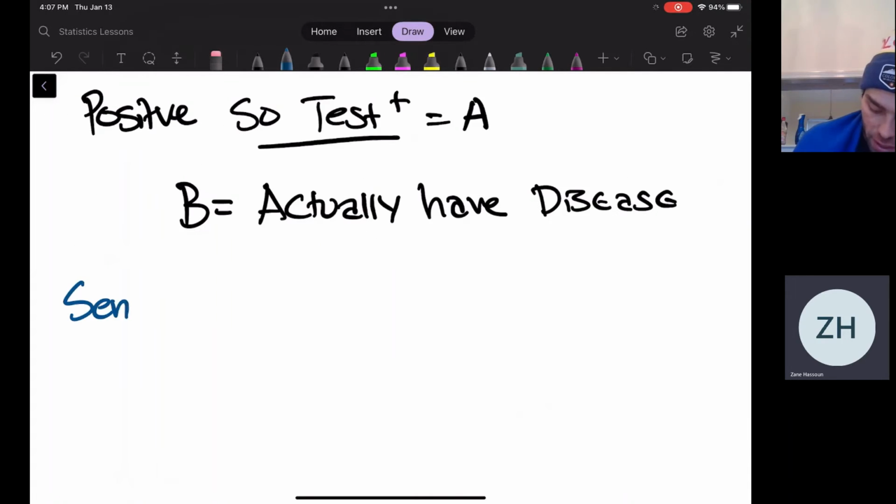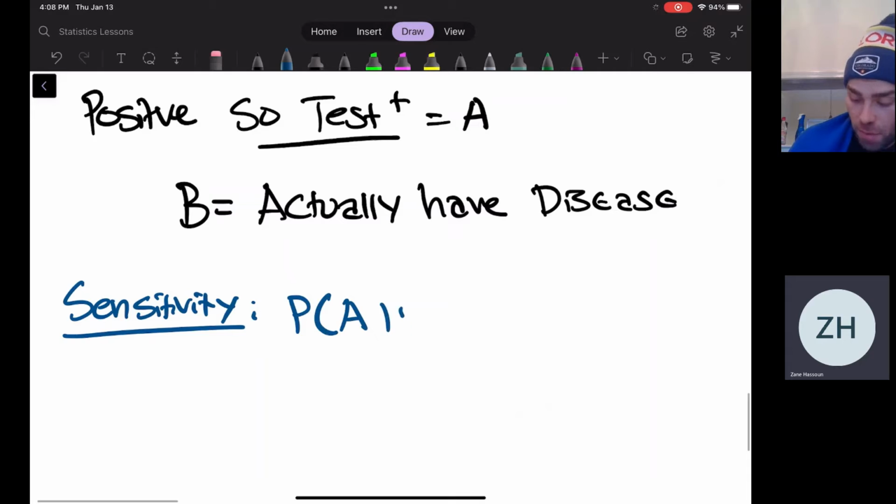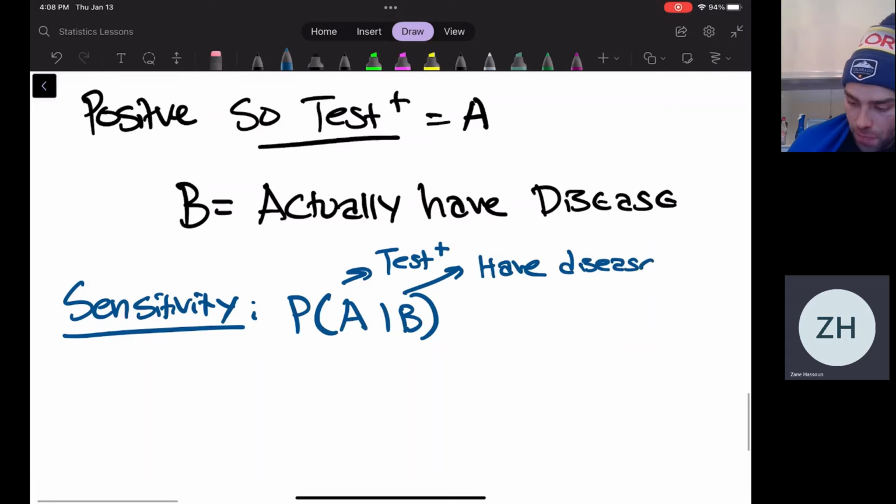Definition: sensitivity. So the sensitivity of this test we're using is the probability of the test showing a positive result given they actually have the disease. So the probability of A given B. So, test positive given they have the disease. So this is the probability that our test is accurate for positive tests.